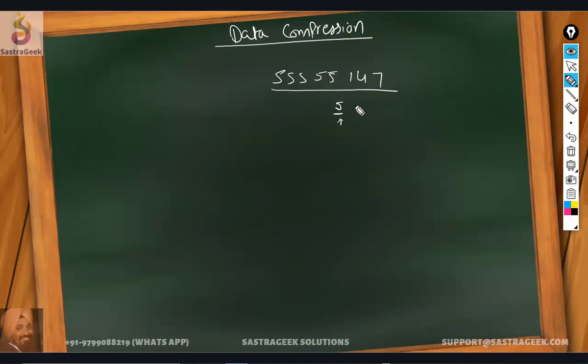It puts 5147. So there are multiple concepts like these which are used to compress the data, by which you would be able to get your data compressed, and then you would be able to see your data footprint reduction. So here we have discussed the three things.